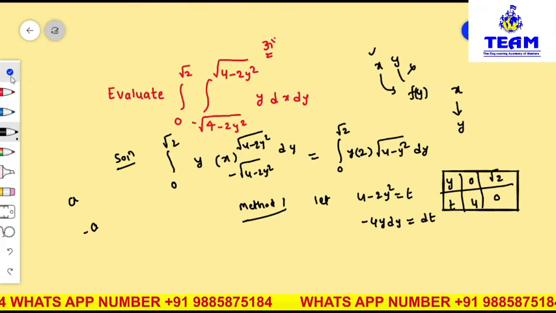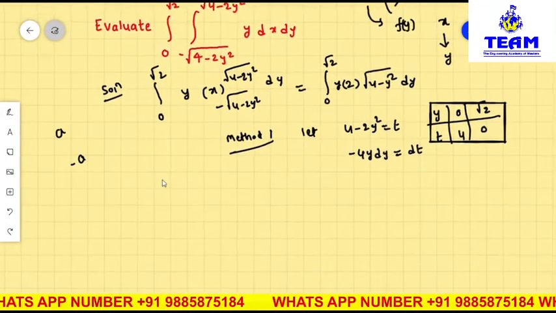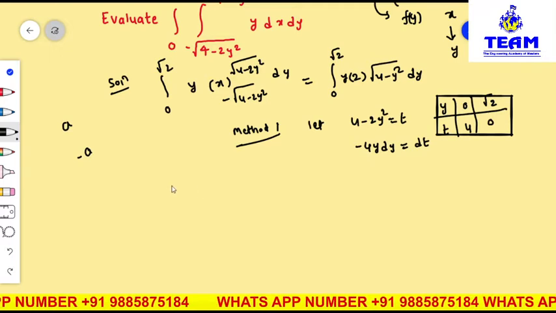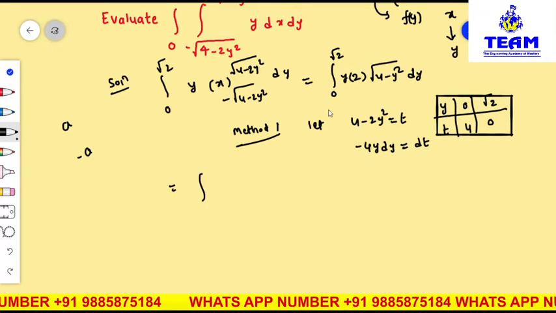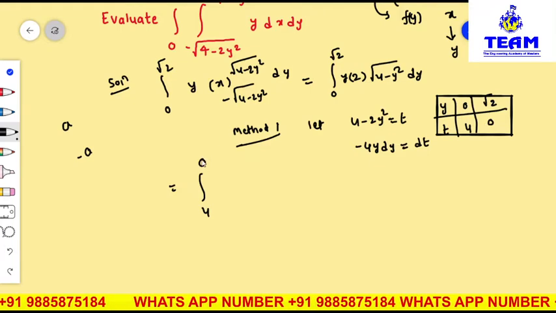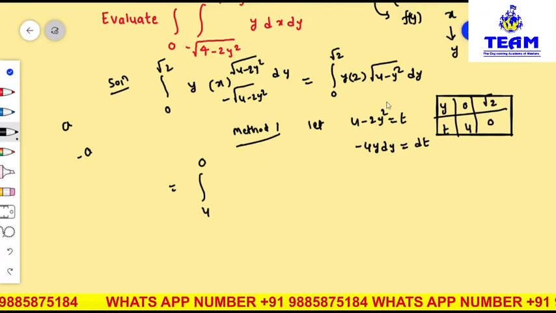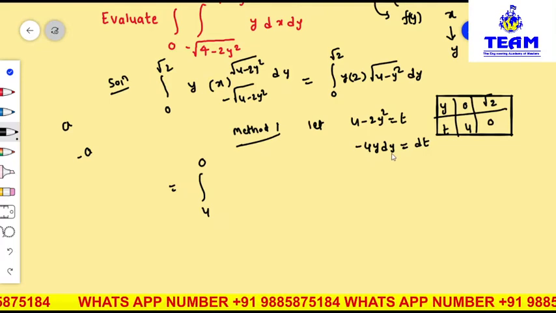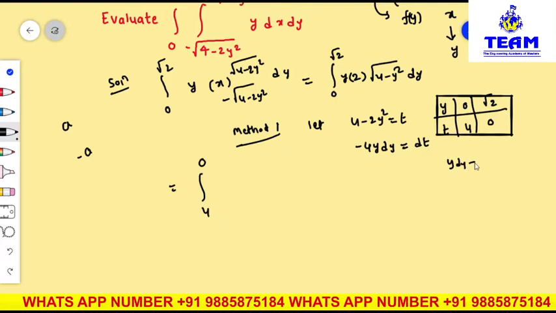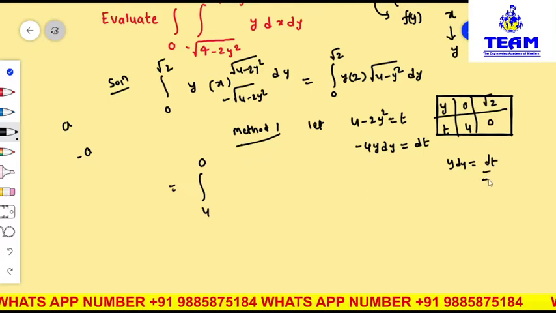Clear? Now substitute in the above equation. We have the integral with lower limit of t as 4 and upper limit of t as 0. Here minus 4y dy is there, so y dy is equal to dt by minus 4.